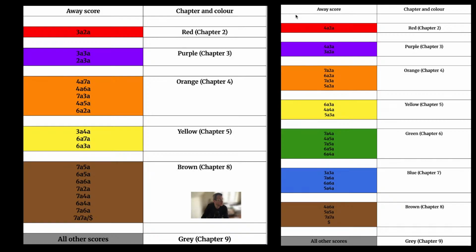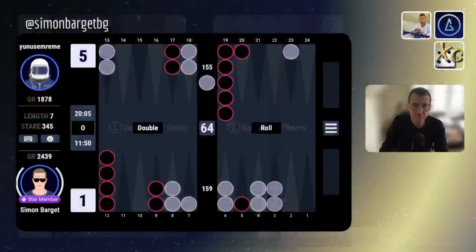If you look at the table, it's 1, 2, 3. It's the fifth score down on the right-hand side. But I don't think it's strong enough as far as the position is concerned.